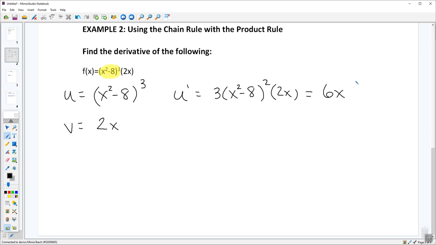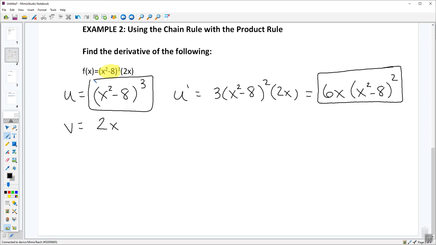I'm gonna call it 6x times x squared minus 8 all to the second. So I'm gonna use this as my u prime. I'm gonna use this as u. Guys, v is pretty simple. What's v prime easily gonna be? 2. Okay, I forgot the product rule, kids.